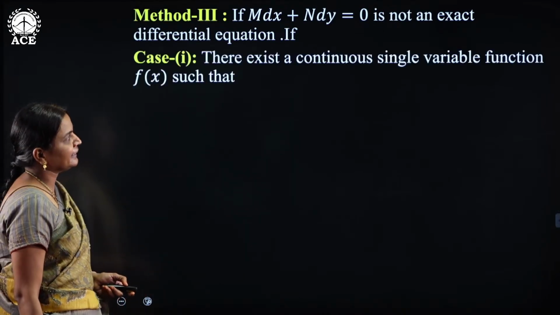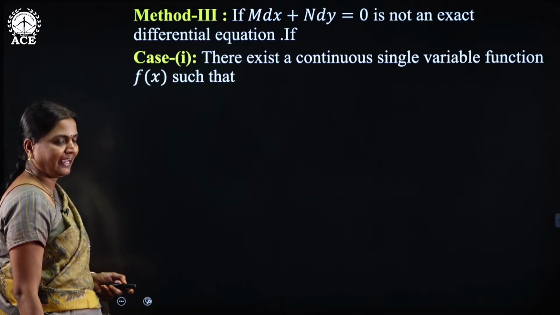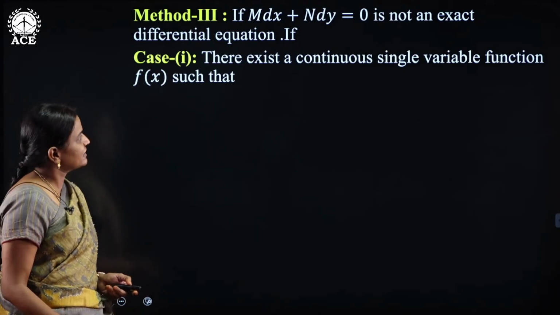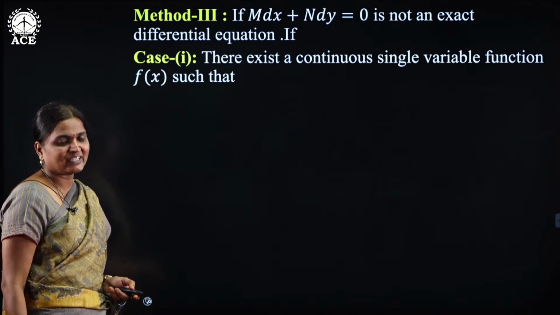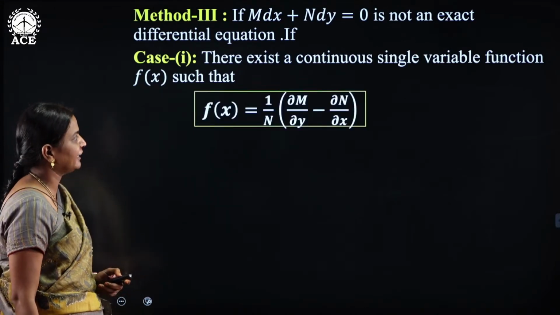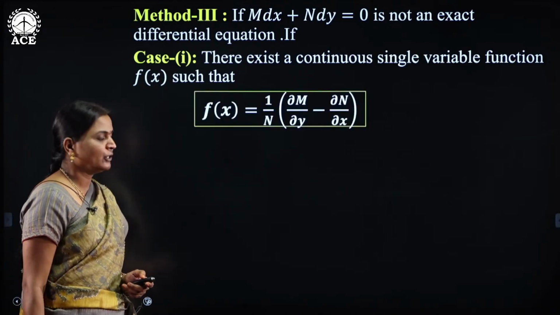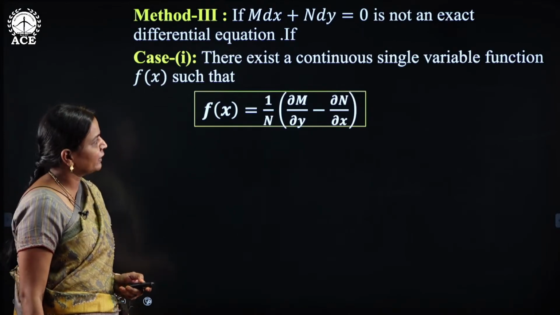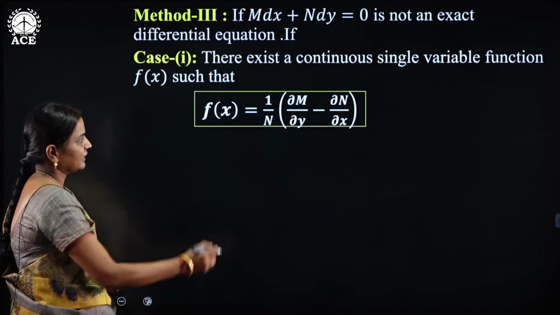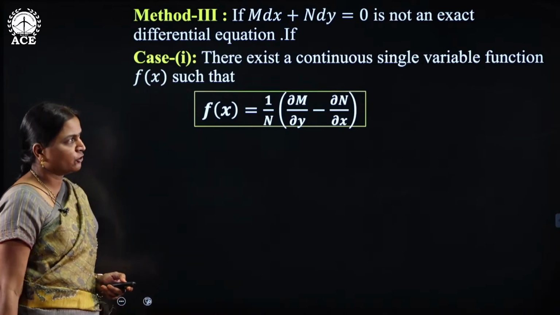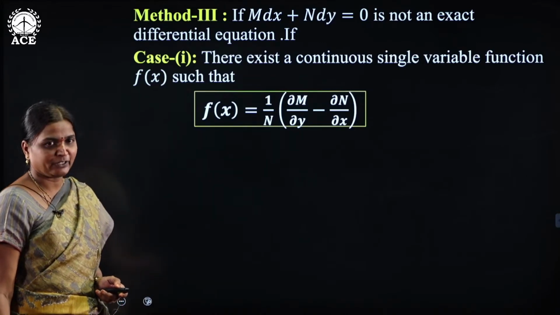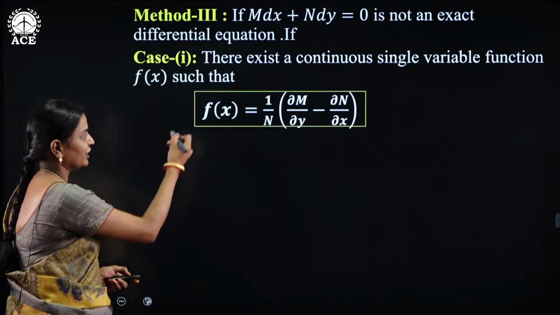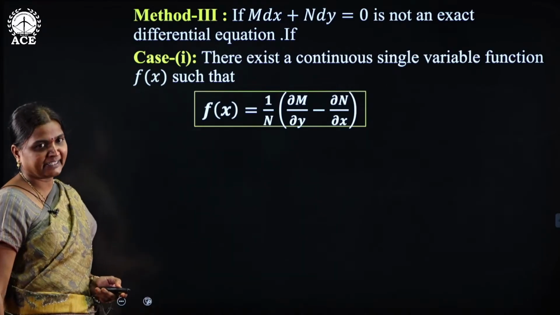There exists a continuous single variable function f of x. If there exists a single variable function f of x which satisfies the condition f of x equal to 1 by N into (dou M by dou y minus dou N by dou x), then how to write the integrating factor?